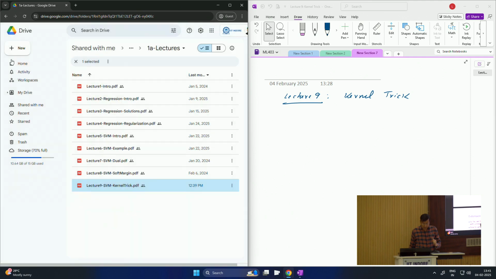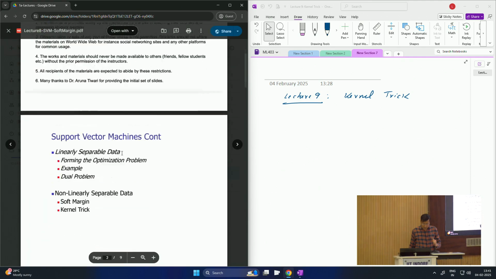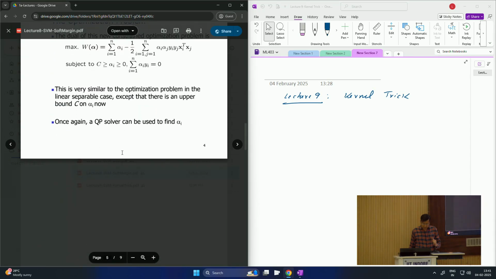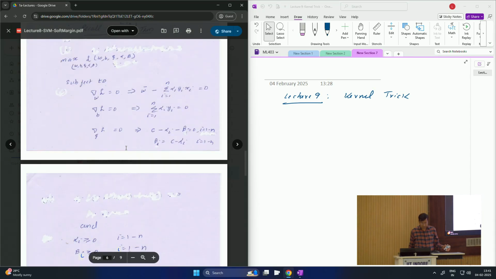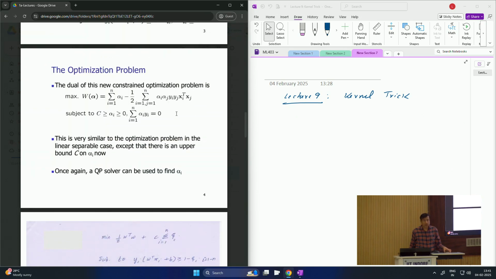So if we have to recall where the soft margin had stopped, the soft margin problem which we derived was this. Everybody comfortable with it?